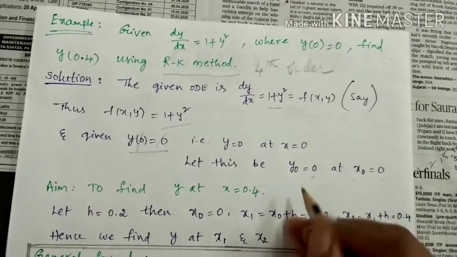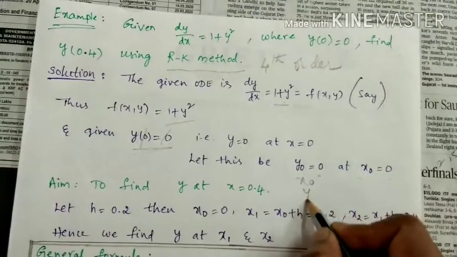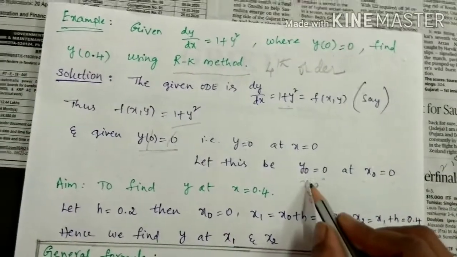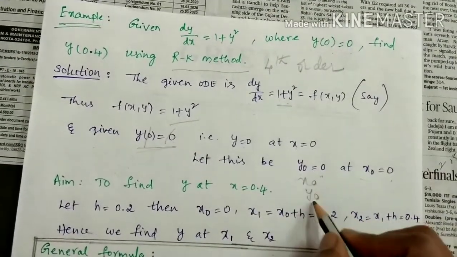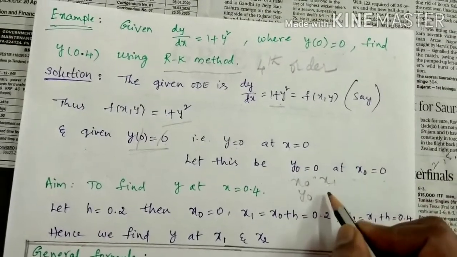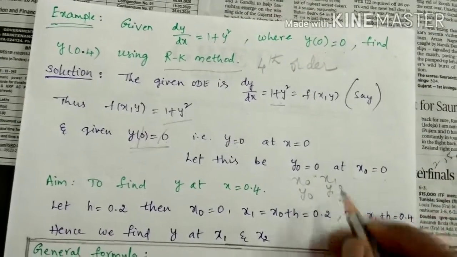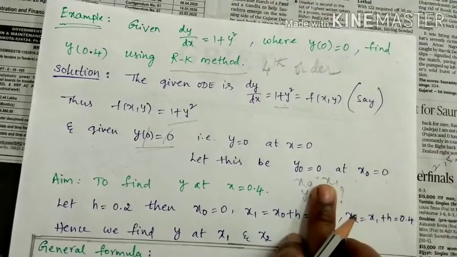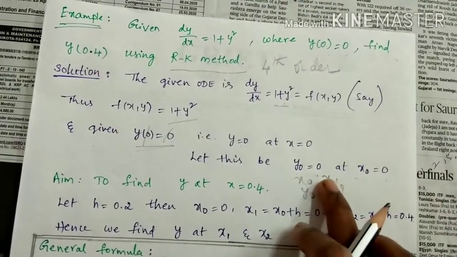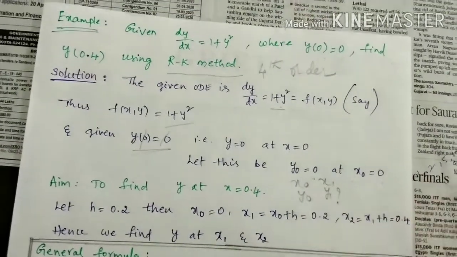Now we have the information at the point x0, y0. Using this information we will find y1 at the point x1, and this will be continued.